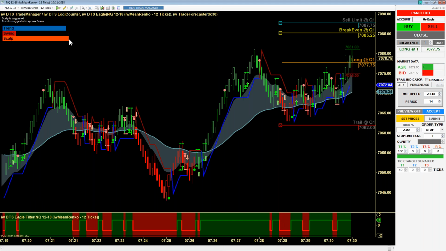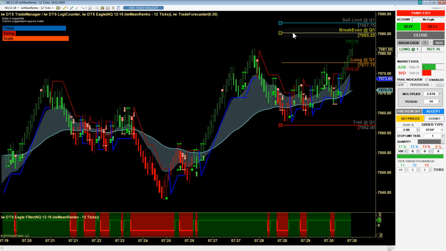Here, trade manager still waffling. Trend mode, scalp mode, trend mode. If we can get above this high, actually, I think that's where I'll put my break even.